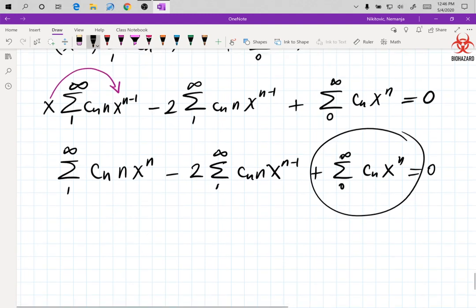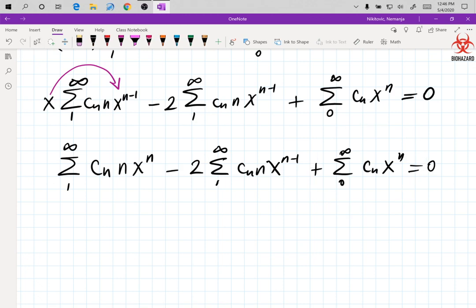What do I mean peeling off a term? You see, this one starts at 0, and then next one is 1, and then 2, and then 3, right? So if I compute this for n equals 0 and leave the rest in the sum, then that sum will start with 1. And then I will match the 1 and the exponent at the same time by using that very basic trick. So now, I'm going to peel 0, which will give me c0 x to the 0, plus the summation 1 to infinity cn x to the n.